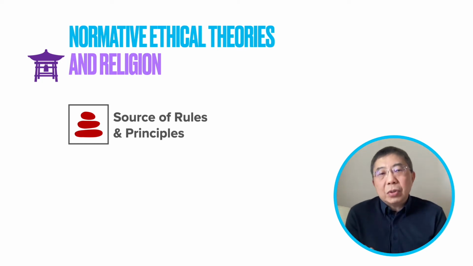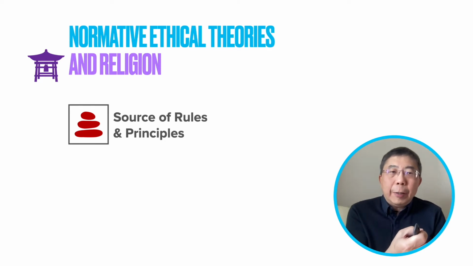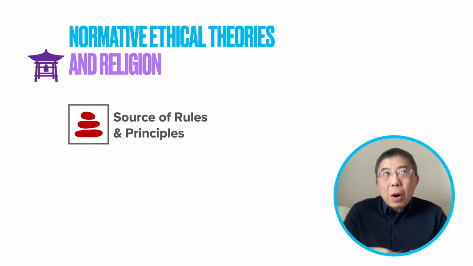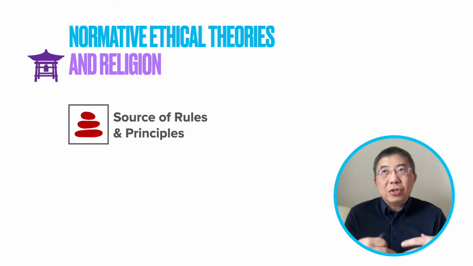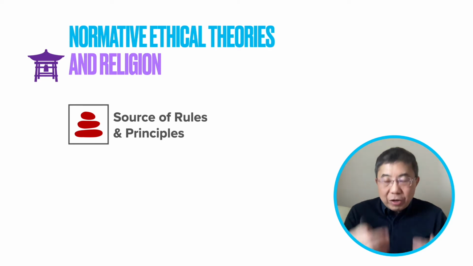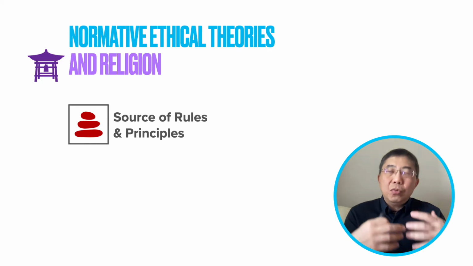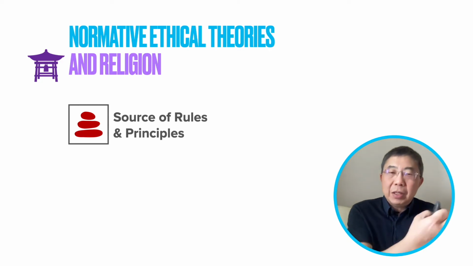First, the source of the rules and principles. In Western philosophy-based normative ethical theories, how we derive these theories is based on rational thinking. We rationalize the reason why we think something is right or wrong.